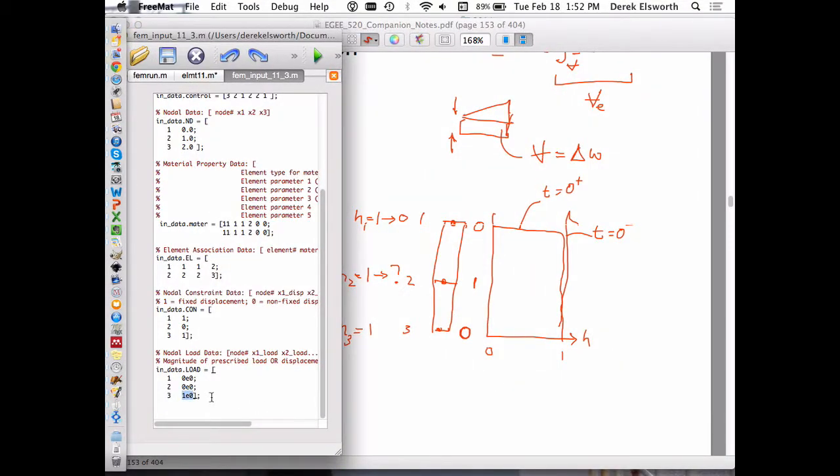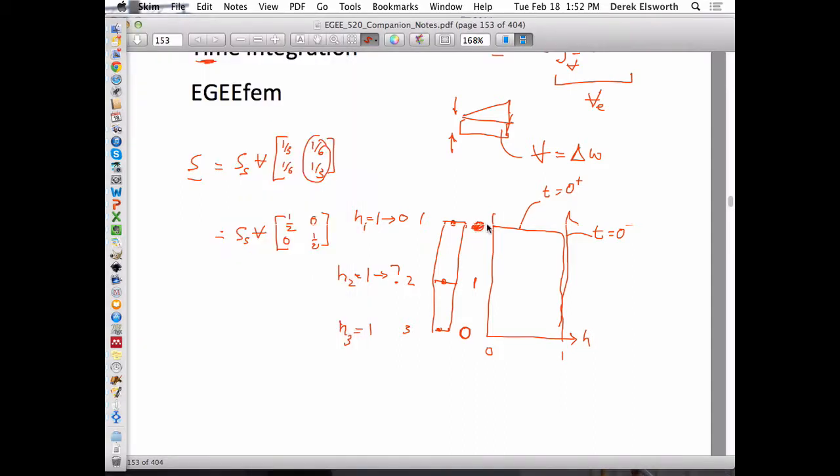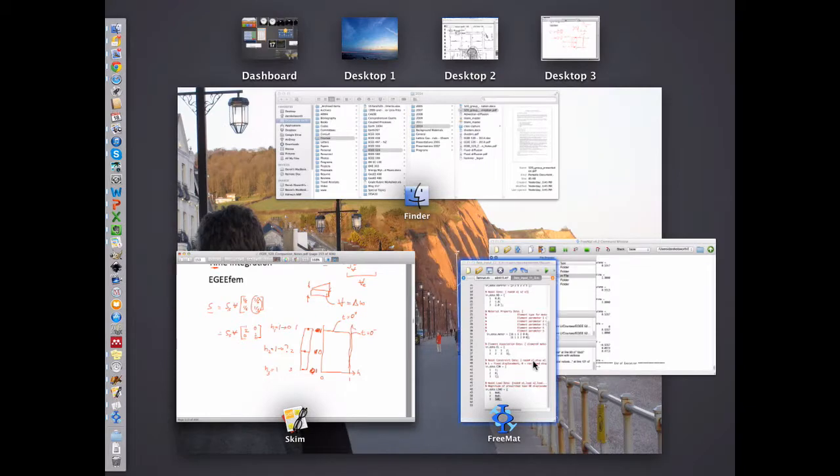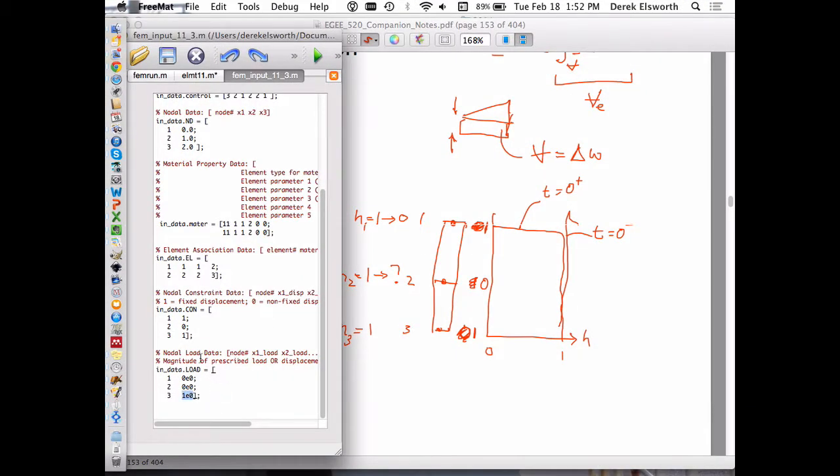I guess I did get it backwards. So where heads are fixed, it's equal to 1. Fluxes are fixed, it's equal to 0. Heads are fixed, it's equal to 1. I was lying to you all along. So that's what these are: the kind of boundary condition and the magnitude of that boundary condition.